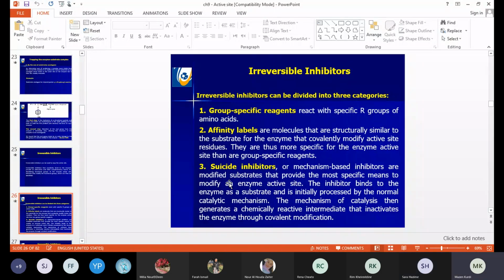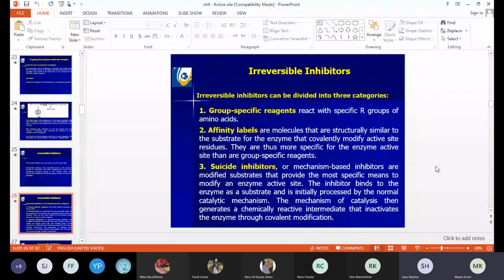The third category is the suicide inhibitor. We will take them one by one with some examples. The suicide inhibitors are mechanism-based inhibitors. They are modified substrates that provide the most specific means to modify an enzyme active site. These inhibitors bind to the enzyme as a substrate.